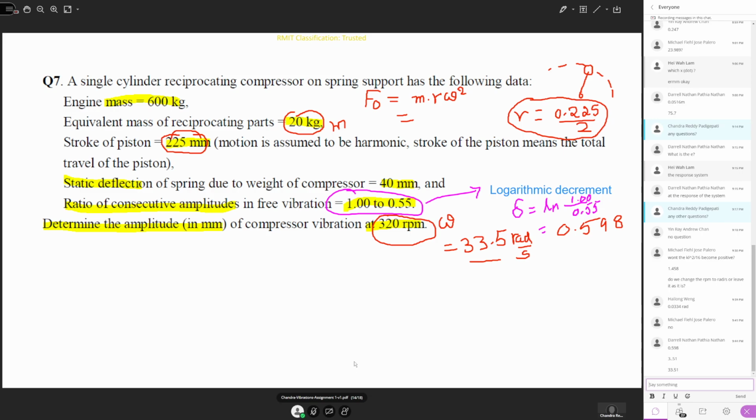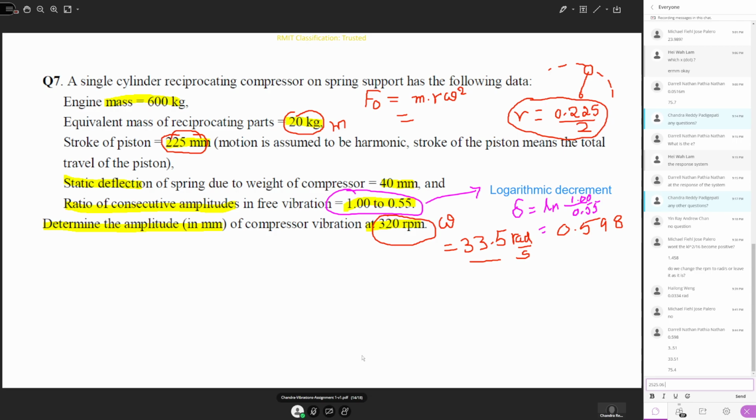Any answer for the force acting on the reciprocating compressor? Uh, 75.4 watt.